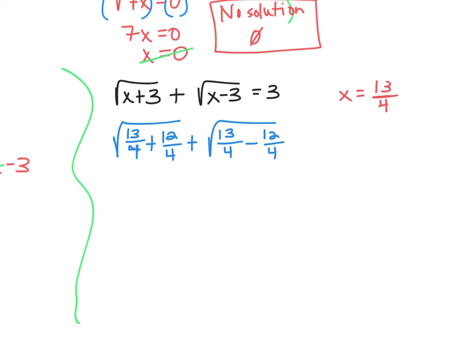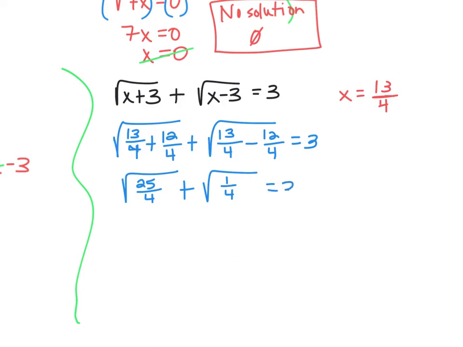In other words, find a common denominator right away. Then if I simplify my first radical, I'm going to get 25/4. If I simplify my second radical, I'm going to get 1/4, and again that just comes from 13/4 plus 12/4 gives me 25/4. 13/4 minus 12/4 gives me 1/4.